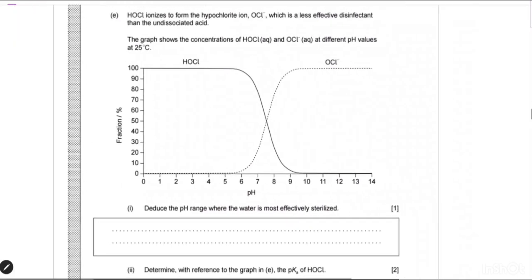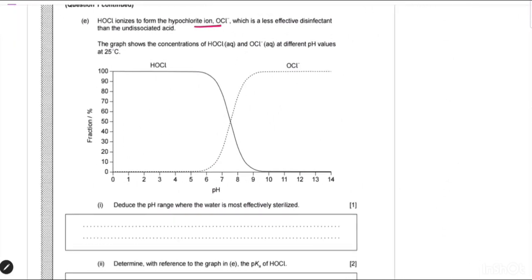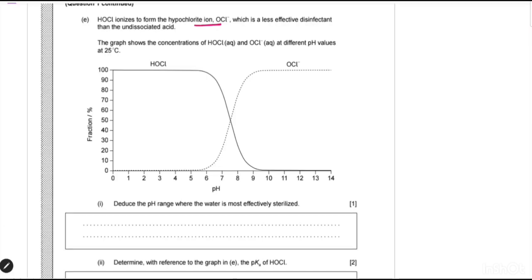Now part E says HOCl ionizes to form hypochlorite ion, OCl minus ion. That is, HOCl is dissociating to form OCl minus and H plus. This is the reaction. The graph is between the HOCl concentration and OCl concentration, and we can see that initially the fraction of HOCl is 100%, and as the pH goes around 5.5, this HOCl dissociates and converts into OCl minus and its concentration becomes 0.